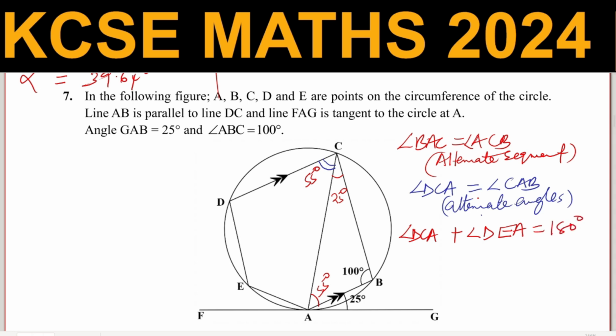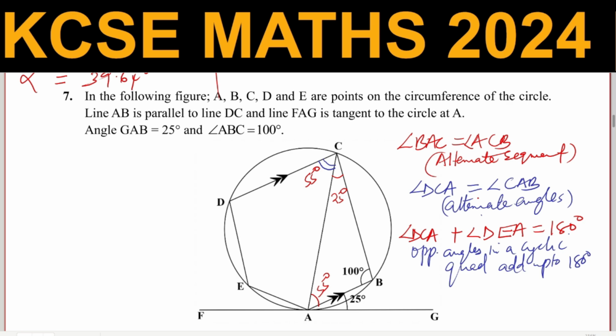Reason: opposite angles in a cyclic quadrilateral add up to 180 degrees.